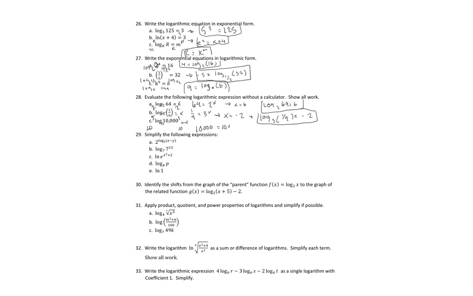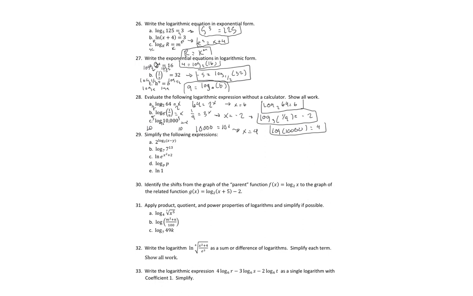Now, if I think about what value, whenever I take 10 to that value, gives me 10,000, I think that's 4. So x is equal to 4 in this case. Or we'll just say log of 10,000 is equal to 4.